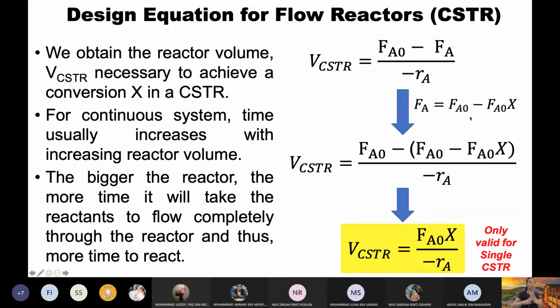Okay, we know that from the conversion equation, conversion X equals FA naught minus FA per FA naught. If you forget, conversion is easy. Conversion equals in minus out divided by in. So in terms of molar flow rate, FA naught in minus FA out, divided by in, again FA naught. Or if I rearrange the equation, we get FA equals FA naught minus FA naught X. Okay.